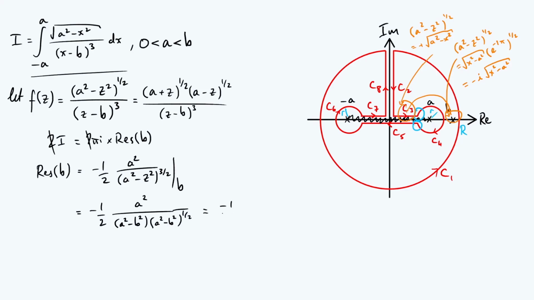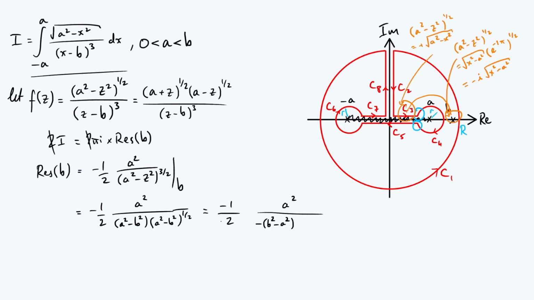So finally, we can put all of this stuff together and come up with the value for our integral. So we've got minus a half at the beginning. We've got a squared there. I am going to write a squared minus b squared as minus b squared minus a squared, because we know b is bigger than a, and that is then a positive quantity. Then we have minus i times the square root of b squared minus a squared. Remember, that's what we were discussing up here, right?